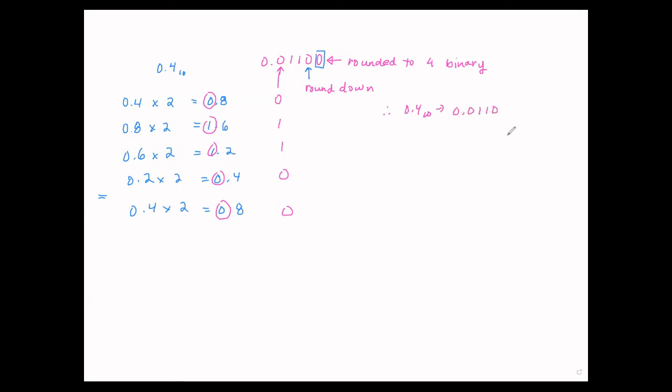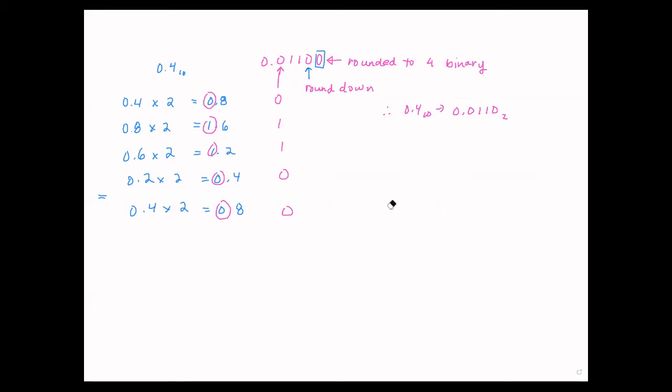We rounded down to 0 instead of rounding up to 1. So I did give you the correct answer, but I got lucky. If this digit here had been a 1, the final answer would have been 0.0111. We would have had to round this 0 up to a 1.